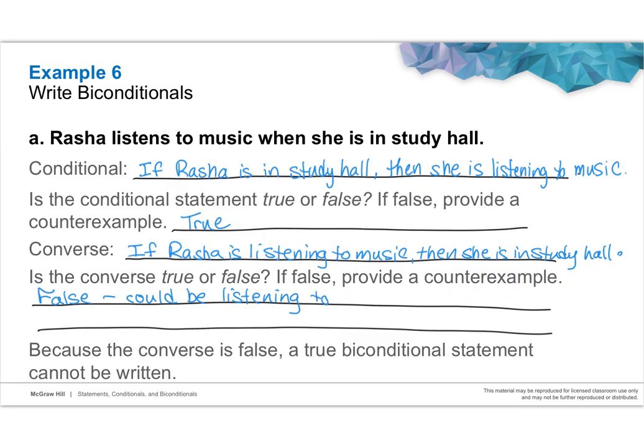So in her car, maybe at lunch, or maybe in her room, at home, lots of different places. So first we have true and then we have false. So because the converse is false, you cannot write a true biconditional statement.